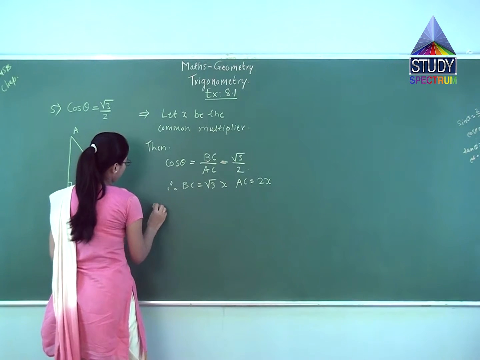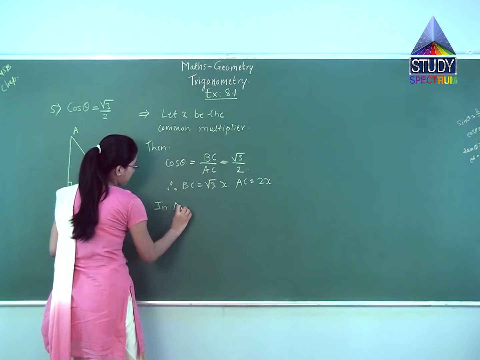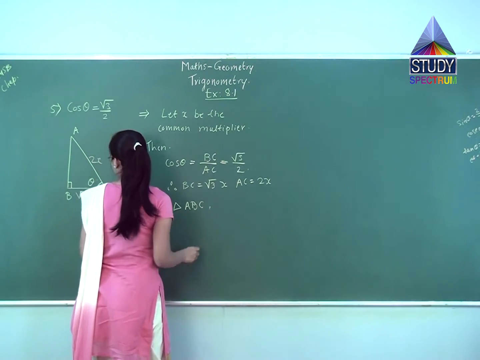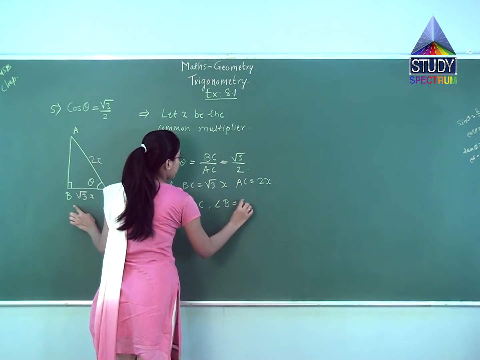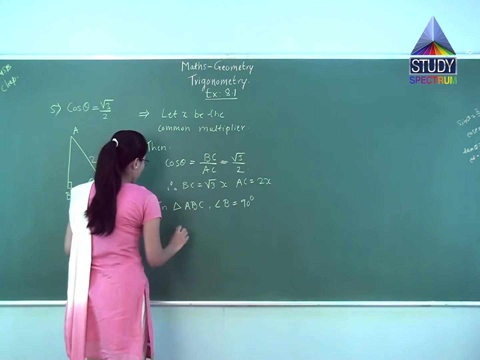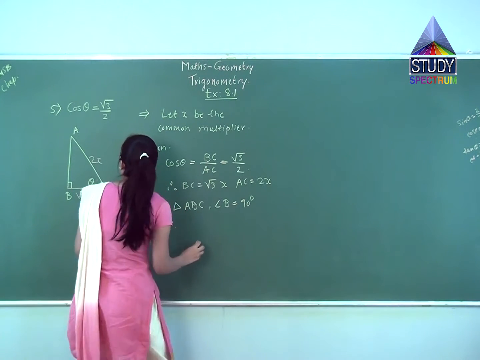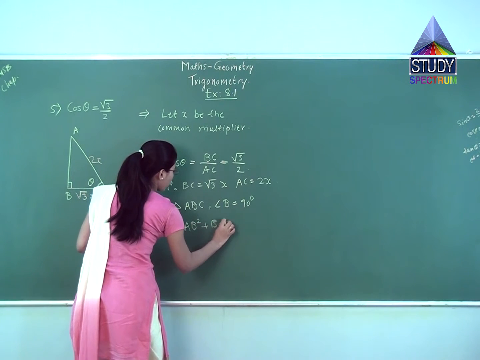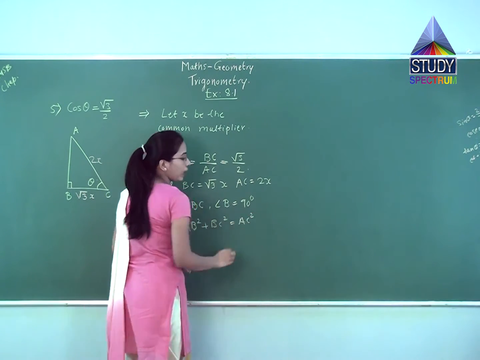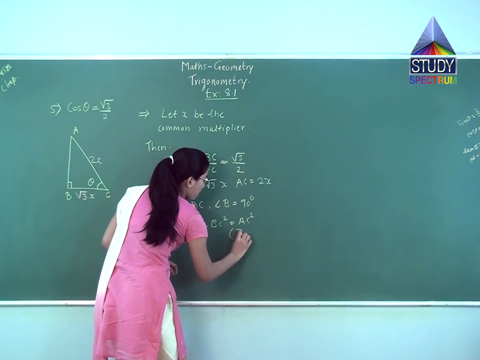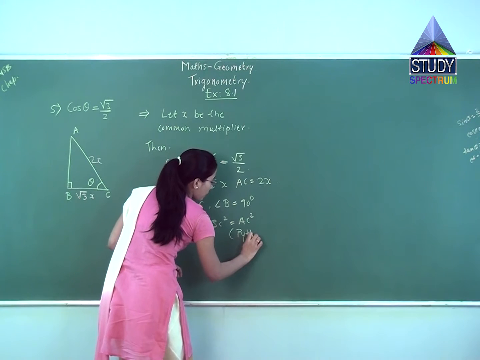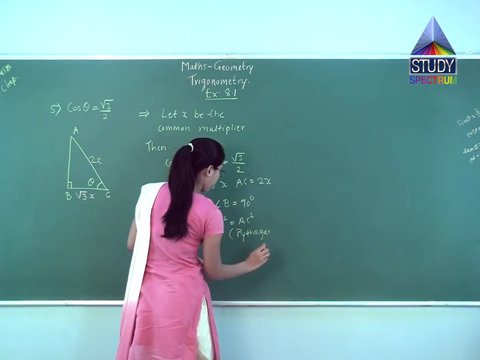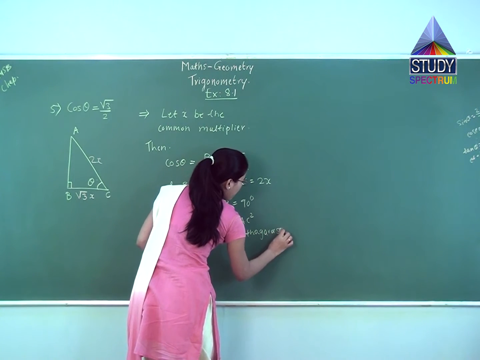So now we have 2 sides, we can find the third side. In triangle ABC, angle B is 90 degree. Therefore AB square plus BC square is equal to AC square (Pythagoras theorem).